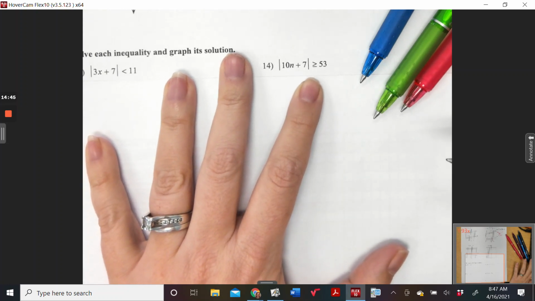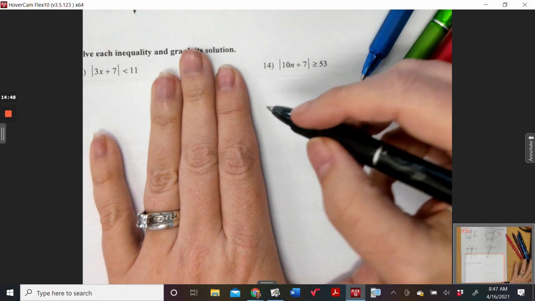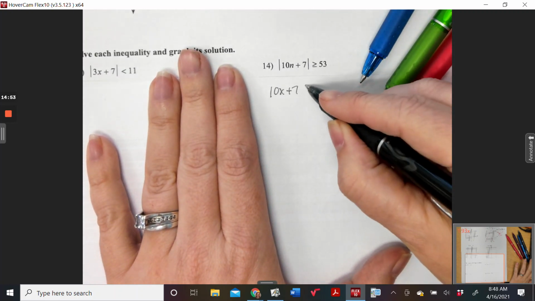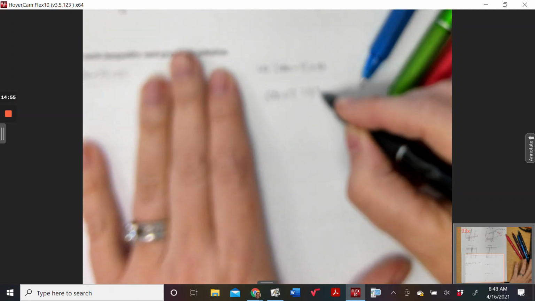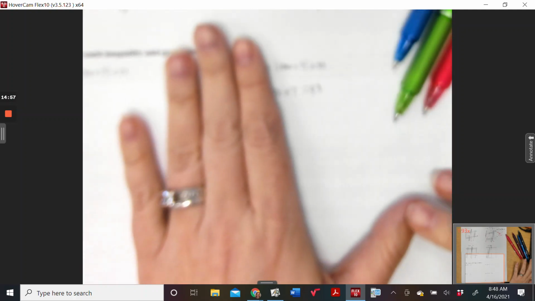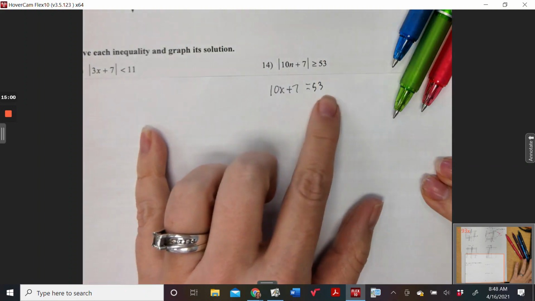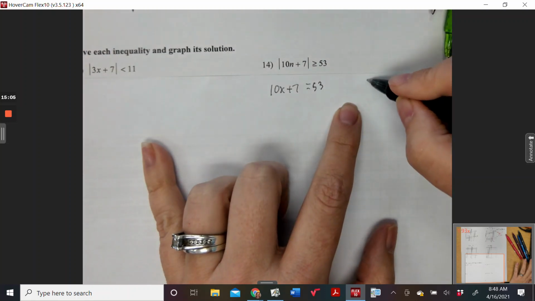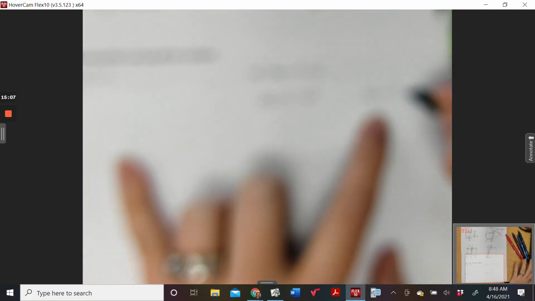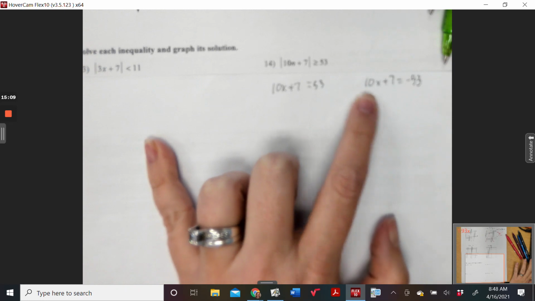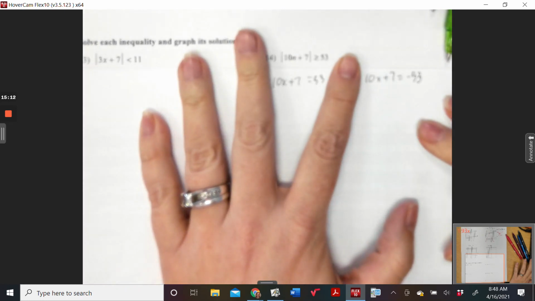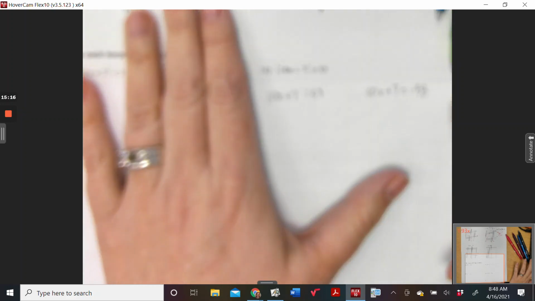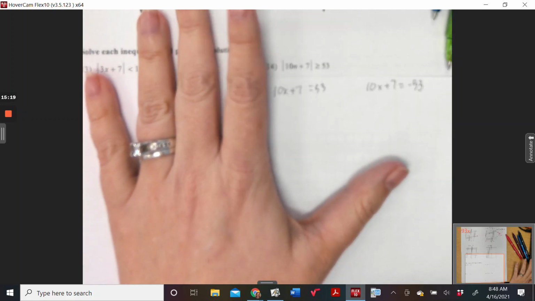So what we're going to do is, the stuff inside is 53, because the stuff inside is either positive 53 or the stuff inside is negative 53. Those are the two things I know. I'm so sorry about the blurriness today.